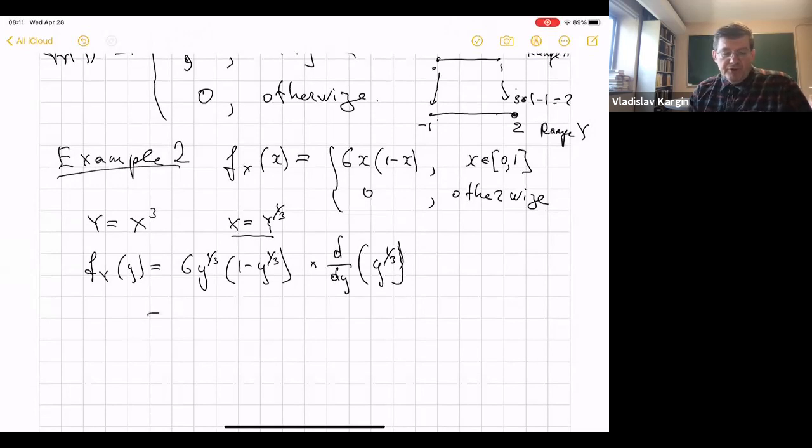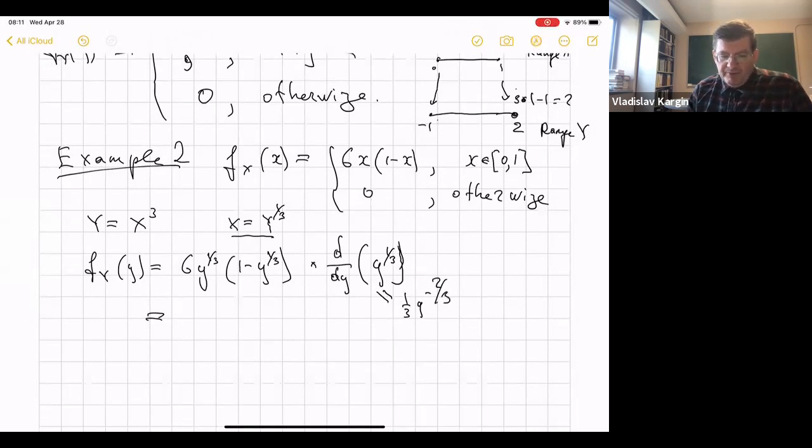If we take this derivative, it is equal to 1/3 y to the power of minus 2/3.